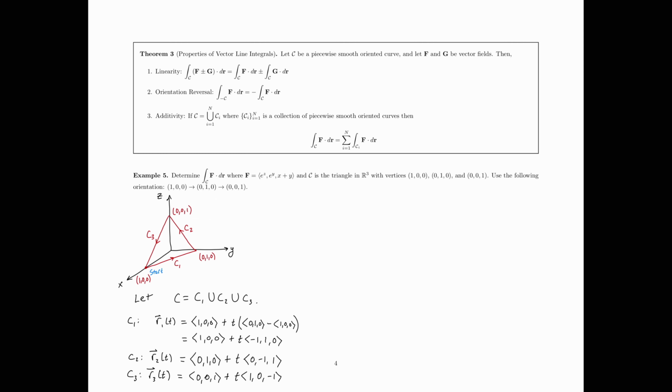So one thing we can do here is actually go ahead and combine these so that we get one vector expression. So this would be 1 minus t, comma t, comma 0. This would be 0, 1 minus t, comma t.